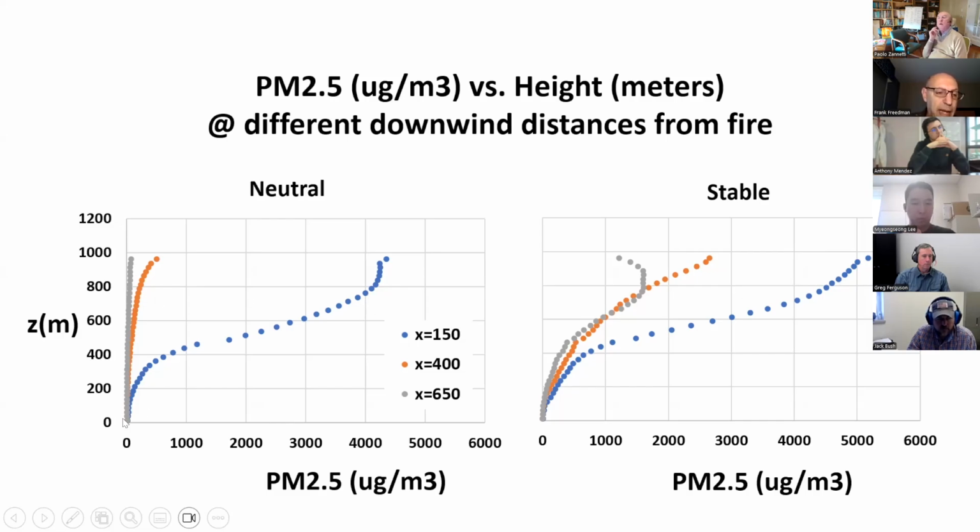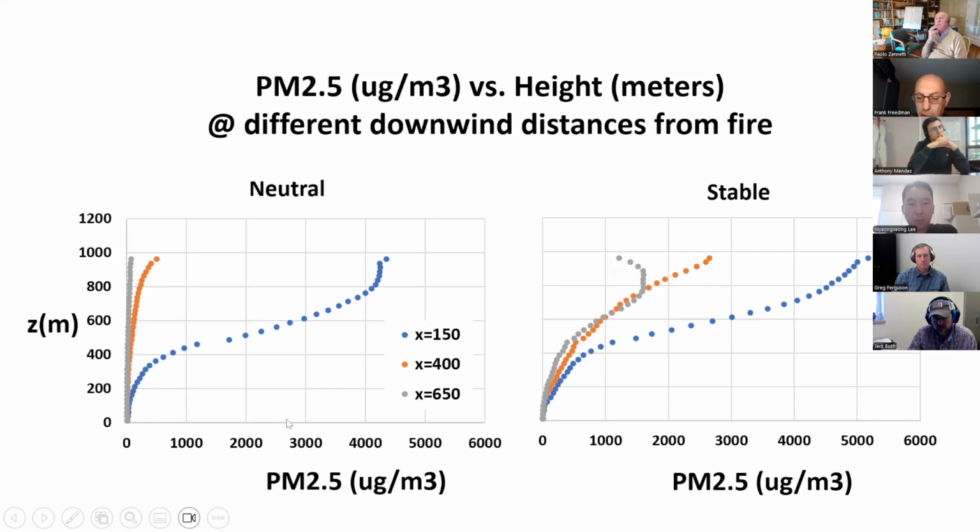As you go closer to the surface, you get less and less plume because it's more aloft. For the stable case, remember, more of the plume got trapped in the boundary layer, so you see more plume downwind at these heights than in the neutral case, where it goes up and out of the domain.